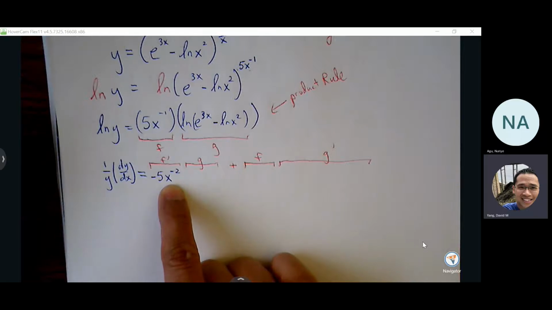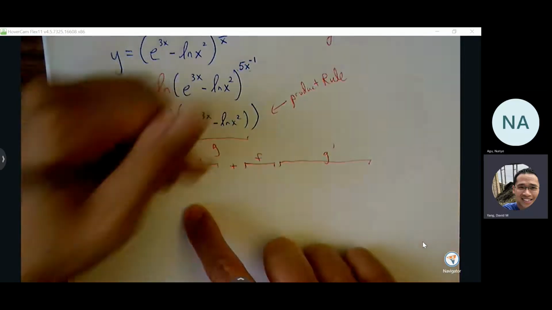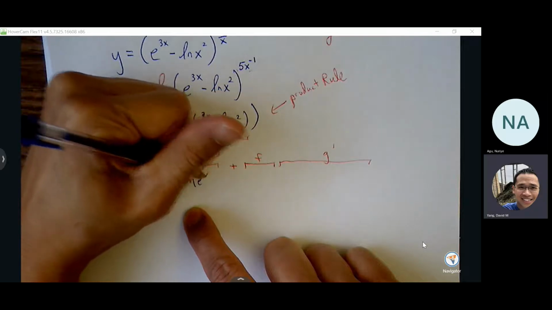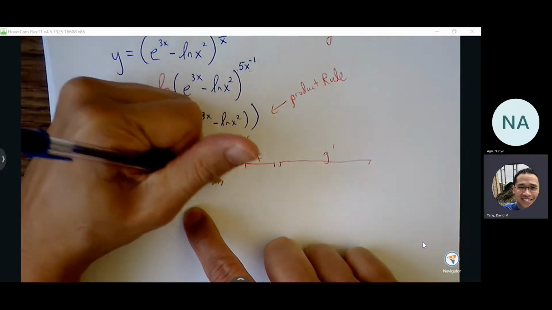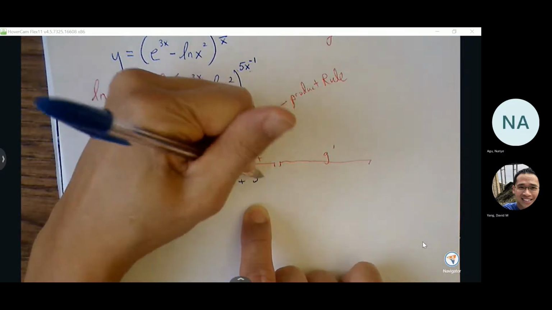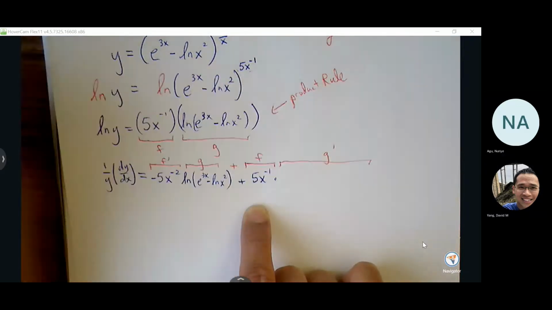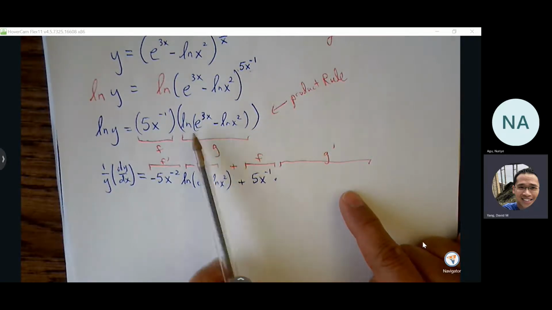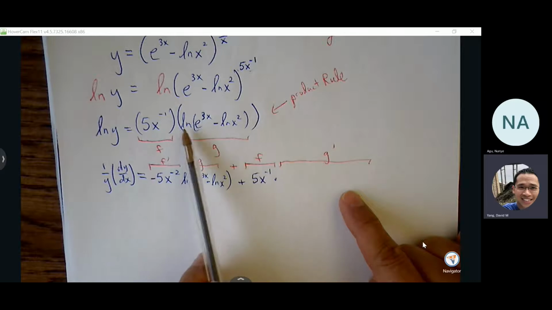Bring down the exponent, subtract 1 from the exponent. G function, copy everything down. Back to F. And now G prime, okay, we can't expand this any further, okay? We can't distribute the natural log through.